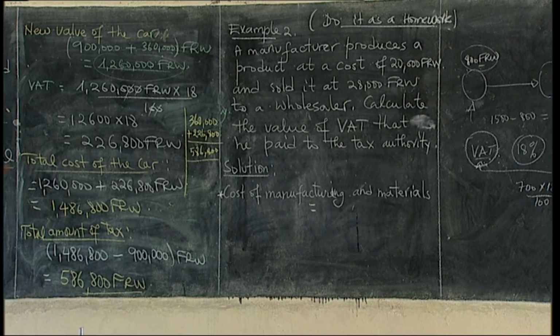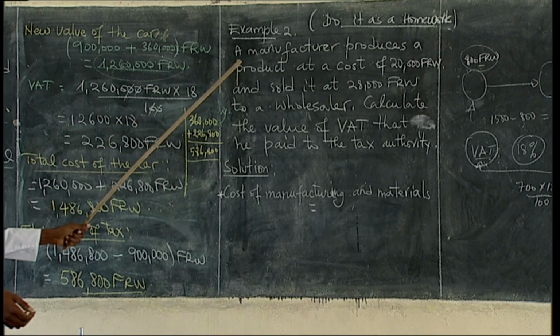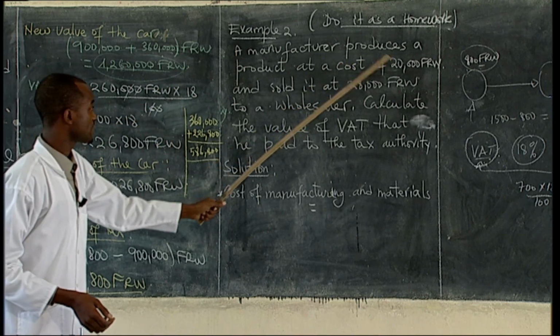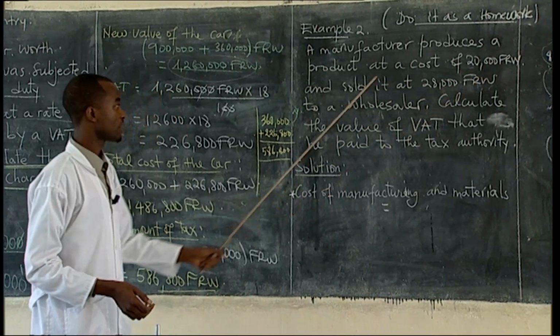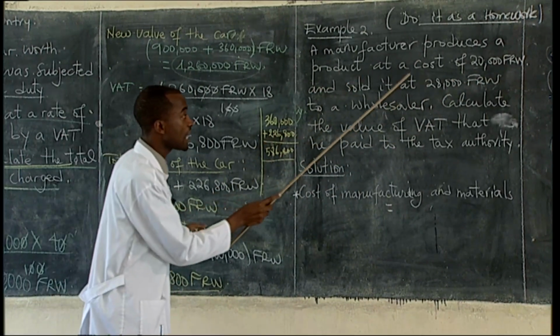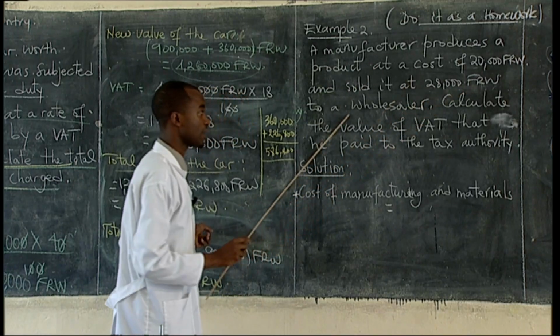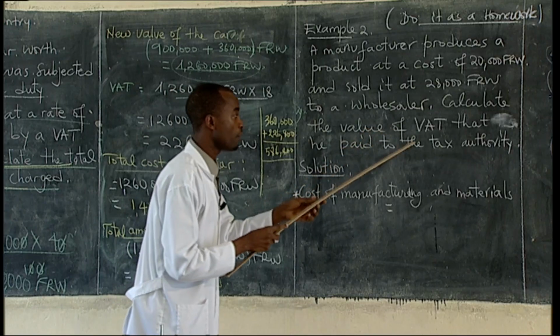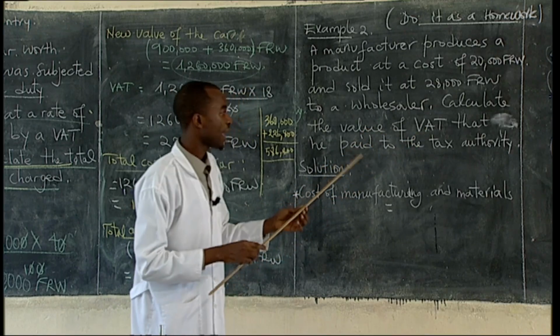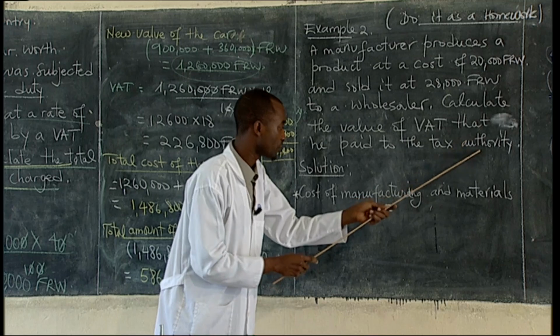You write it and we will collect it next time with our next lesson. As you can read, a manufacturer produces a product at a cost of 20,000 Rwanda francs and sells it at 28,000 Rwanda francs to a wholesaler. You calculate the value of VAT that he paid to the tax authority.